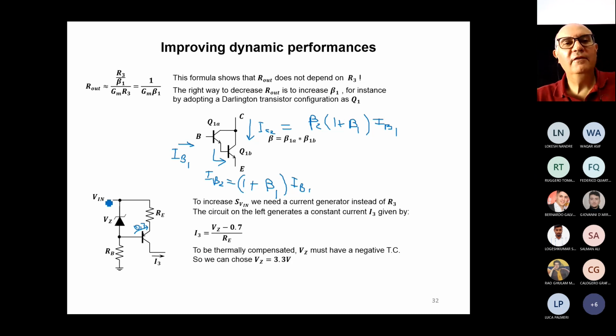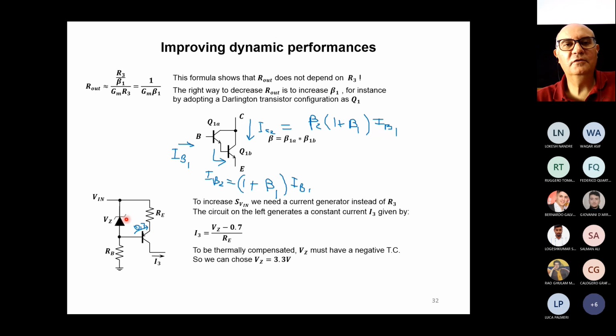So if Vz is the voltage between Vin and the base of the transistor, what is the voltage across Re, the emitter resistance of the transistor? It is Vz minus 0.7 in modulus.